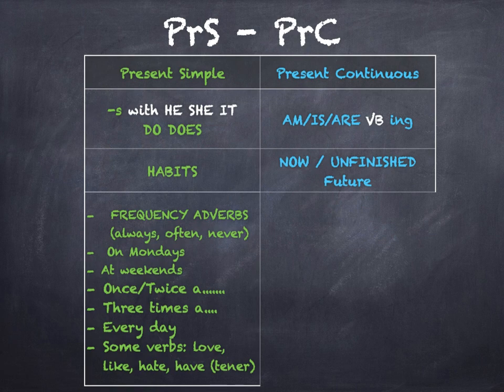Once or twice a month, twice a week, once a day, right? Because it gives us again the frequency. Remember that from three times on, I will always use three times a, four times a, right? Every day, and also some verbs like love, hate, like, have, right? These verbs, we will see later on that they are stative verbs, but that will be in another video.